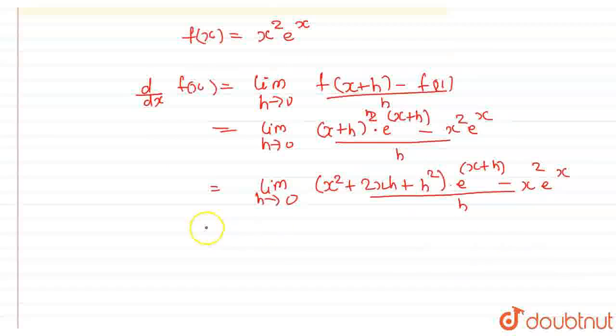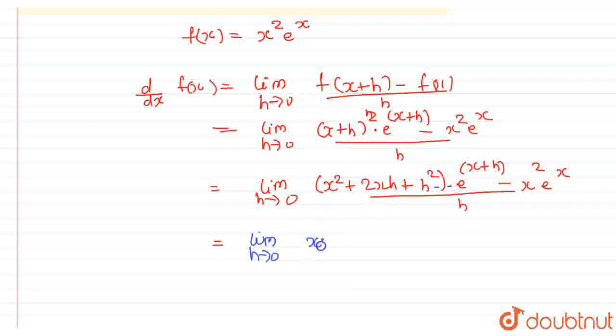So let's solve this. So I can write the given function as limit h tends to 0. This function can be written as, we have to multiply this function with this function. So I can write here x square e to the power x plus h minus of, if we add this function would be x square e to the power x upon h, right students?